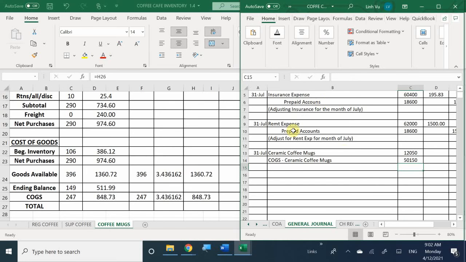We have our ending balance right here already. If we look at our worksheet, how much do we have left? $511.99. Good. How much should we sell? We sold $848.73 worth of ceramic coffee mugs. What other accounts do we need to recognize?